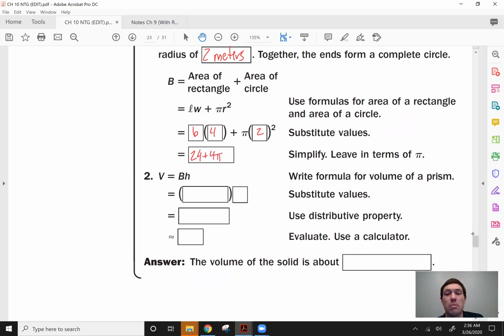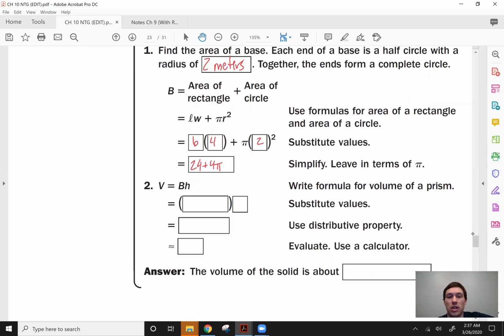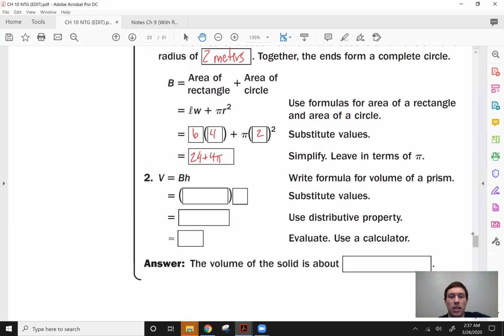Now that's the area of my base. Remember, area of the base is this plus this plus this, which we are calling one cylinder. That's where we get length times width, which is the area of the rectangle, and then pi r squared, which is the area of the circle.